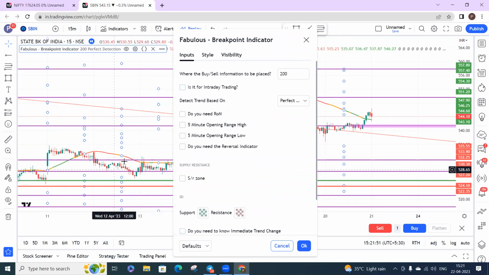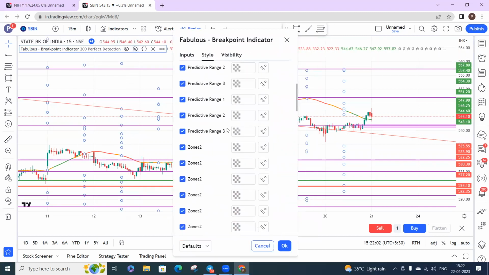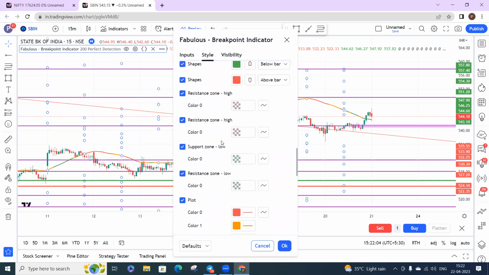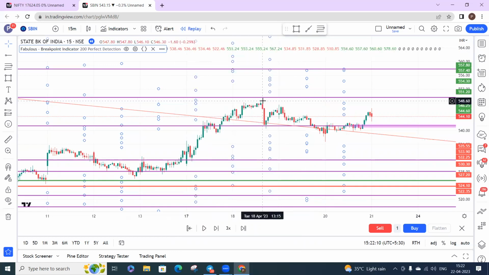And if you don't need the trend, right? I don't need the immediate trend change, you can also remove it. If it's not removing here, you can go to the settings here, go to the styles, you find your plot, color 1, color 2, color 3, you just remove it, and the thing will not be there.